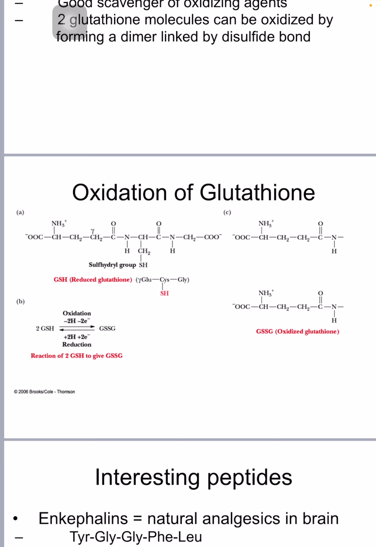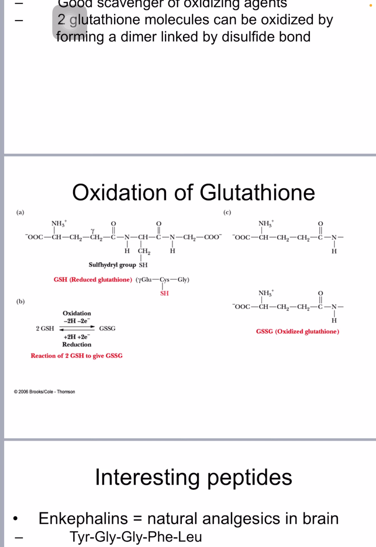So instead of, let's say, an important covalent bond in a strand of DNA being oxidized, instead, two molecules of glutathione will be oxidized.